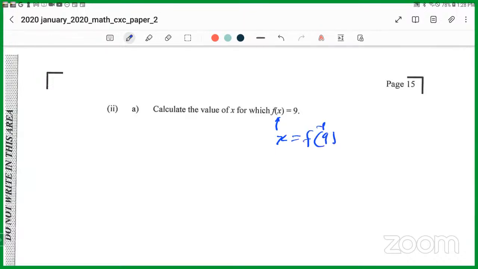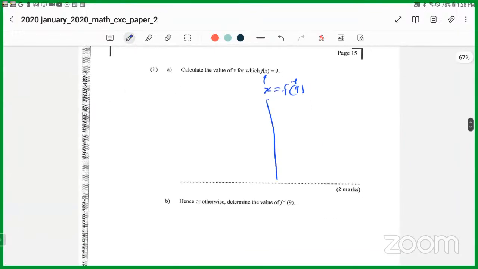So this is the answer. The same answer that we get up here is the same answer going to be down here. These two really are the same thing: f of x equals 9, and the same as well for f to the minus 1 of 9.